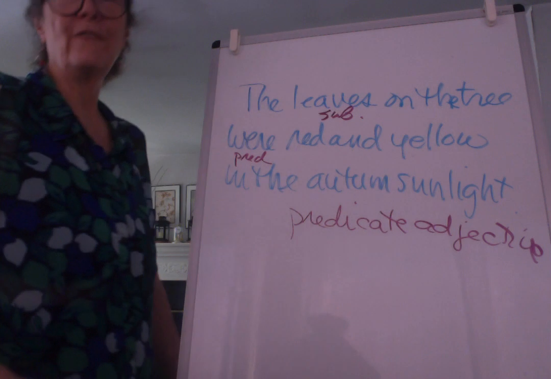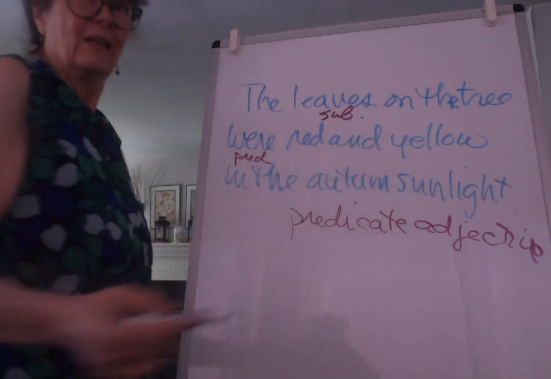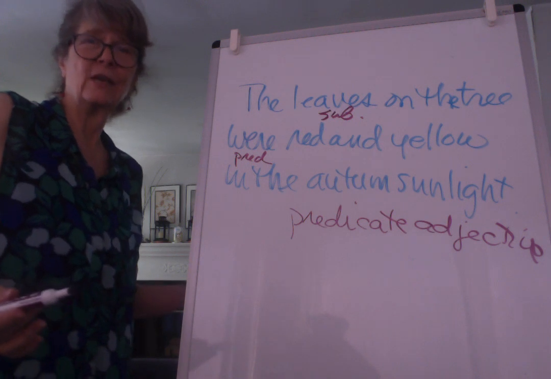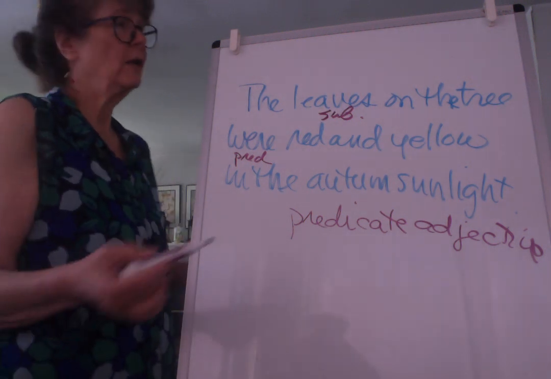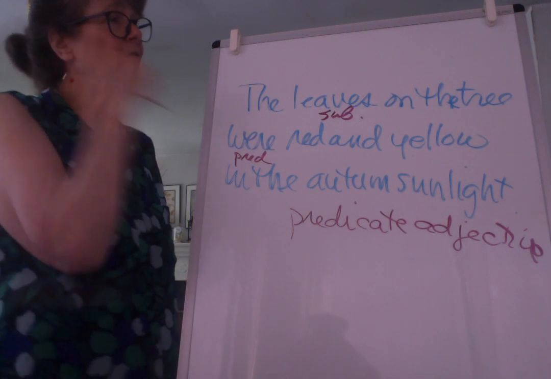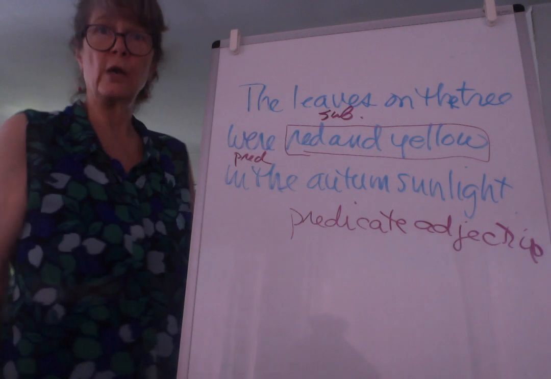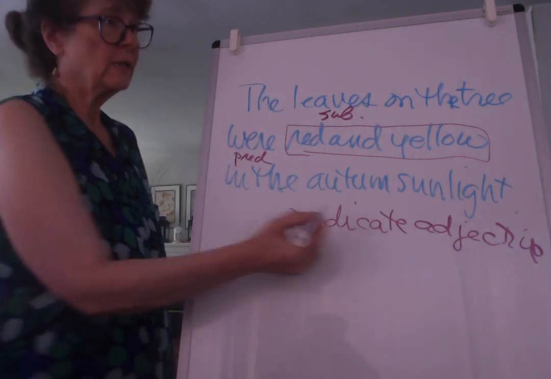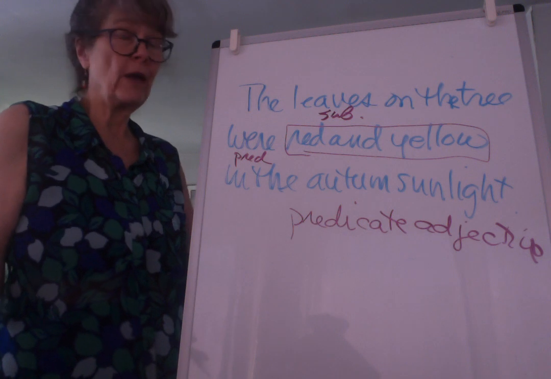Now, that's just a fancy name for an adjective that comes in that place where a direct object would normally come, right? So instead of this being a direct object, a compound direct object, it's not. It's a predicate adjective. You do not have to remember that term.